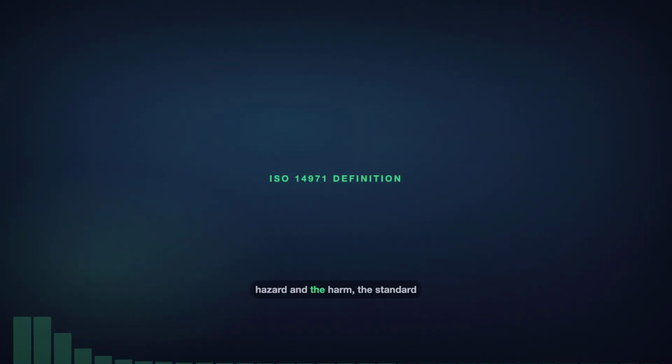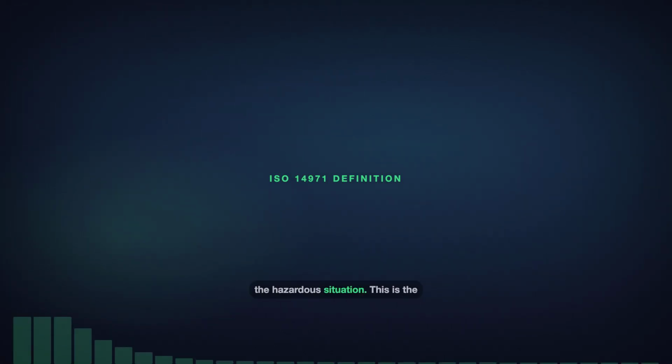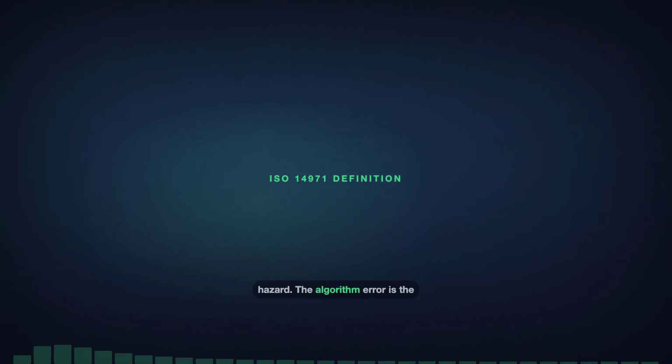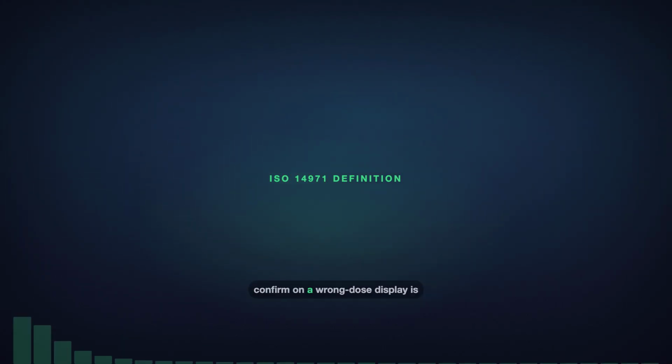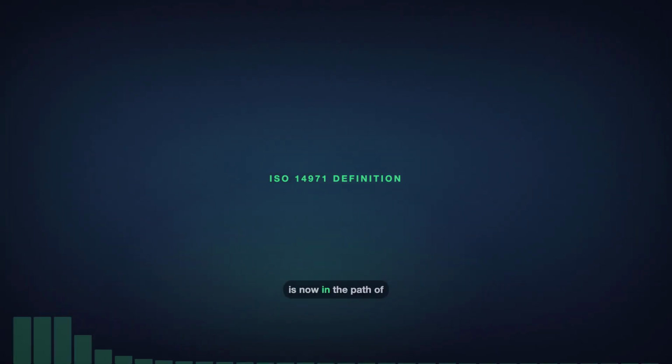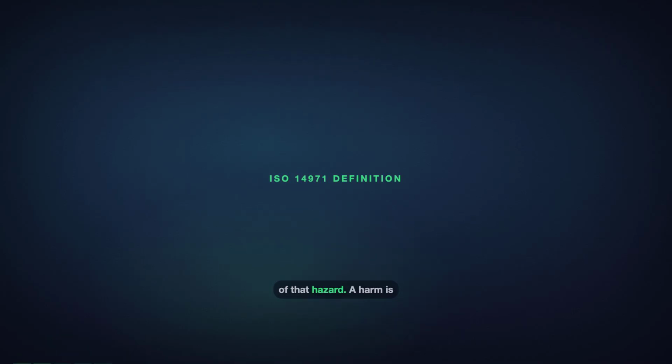Between the hazard and the harm, the standard introduces the hazardous situation. This is the state where a person is actually exposed to the hazard. The algorithm error is the hazard. The patient pressing confirm on a wrong dose display is the hazardous situation. The patient is now in the path of that hazard.